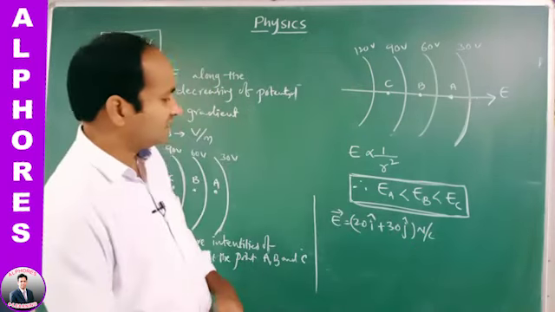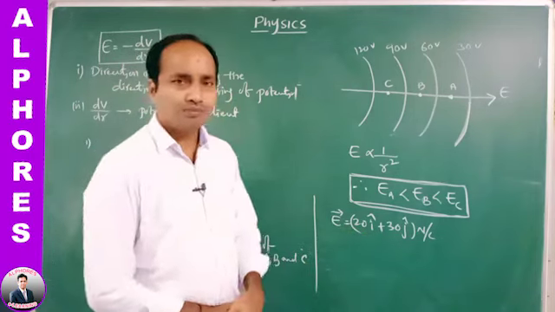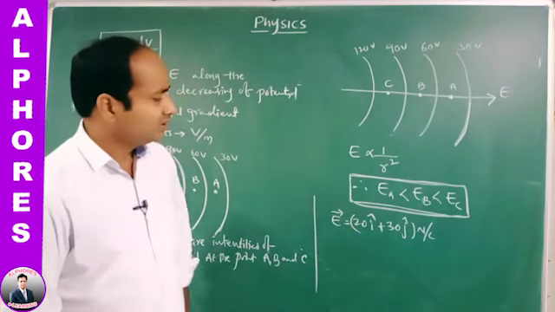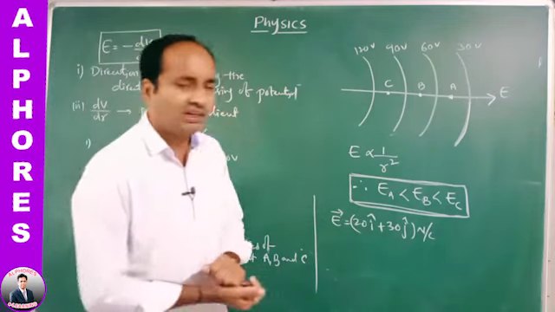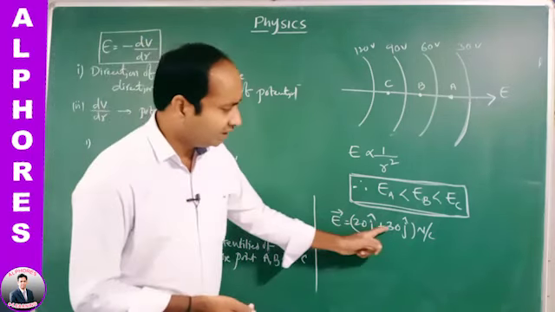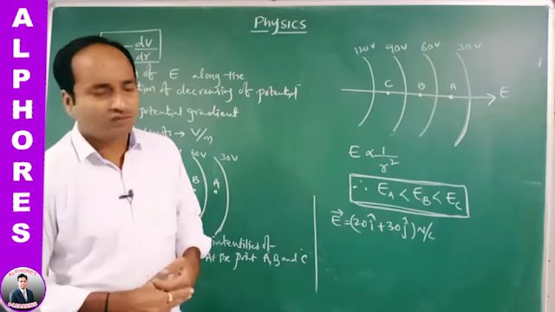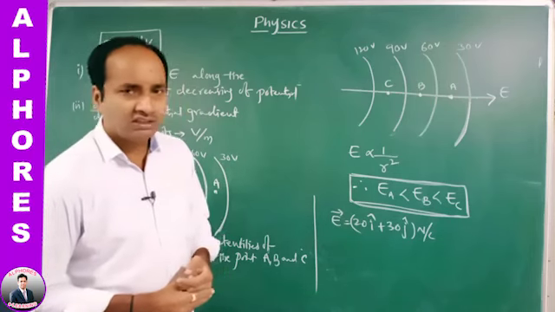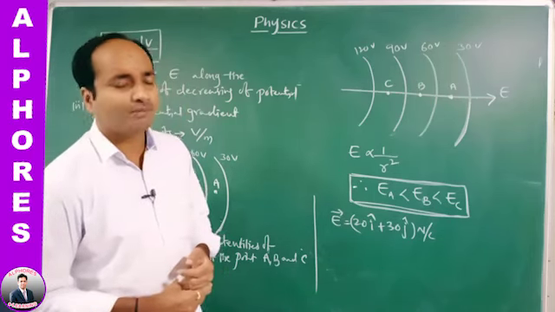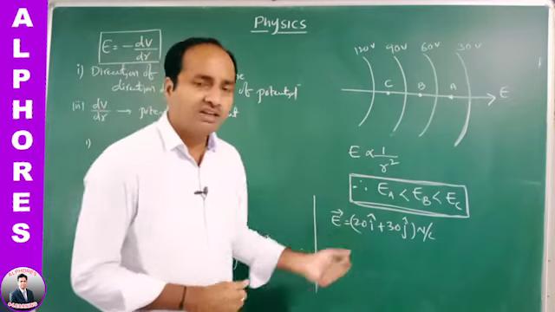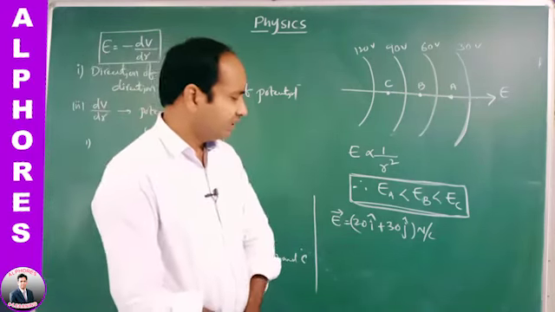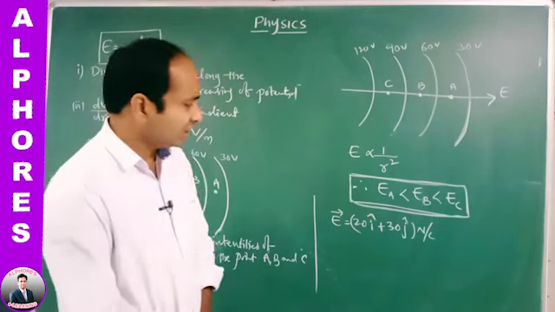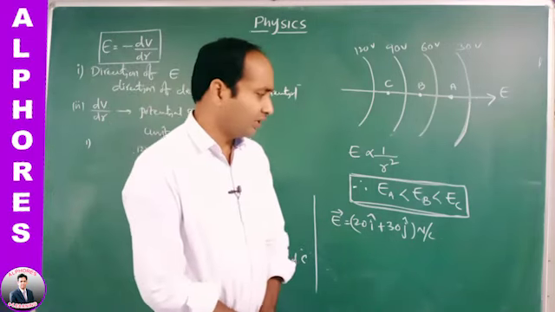This means the electric field is set up in the XY plane. What is the direction of the electric field? It lies in the XY plane because it is given in vector form, 20i plus 30j, with horizontal component 20 and vertical component 30.